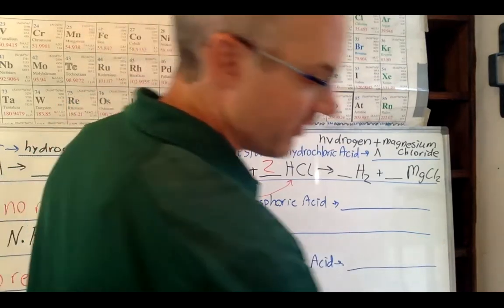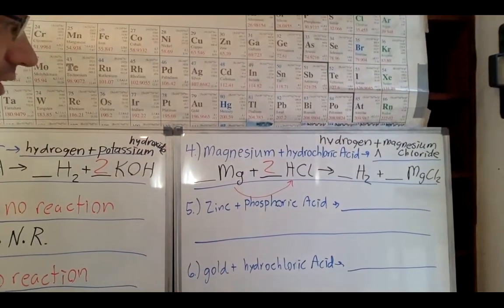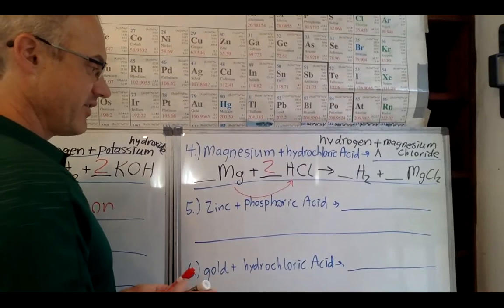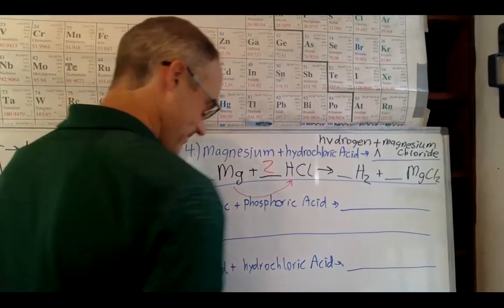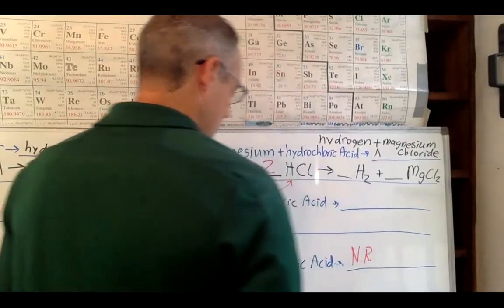So zinc will react. Gold won't. Gold is at the very bottom of the list. So we could save ourselves a little work right now and just say that number 6 is a no reaction, or NR here.